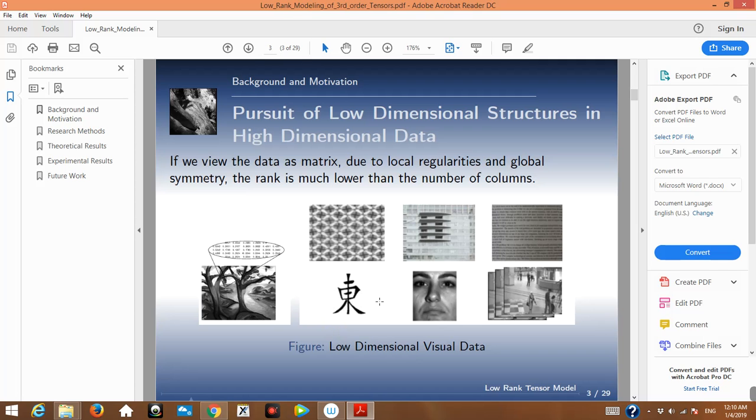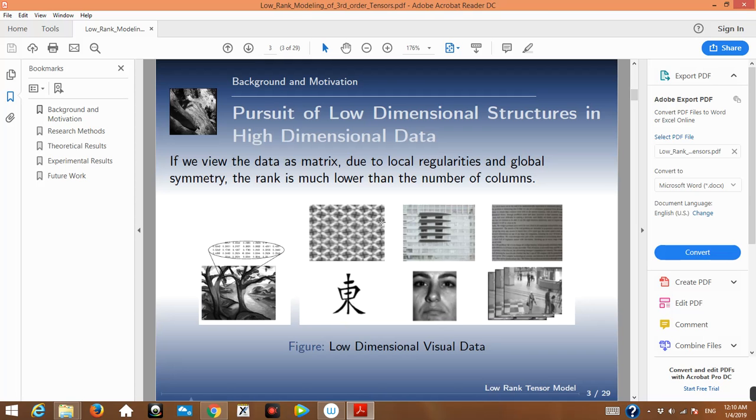So if we represent this image as a matrix, this matrix should have a low rank. Low rank here means that the rank of the matrix is much smaller than the number of columns. And if we look at this picture, you can see this column is identical to this column and this column.